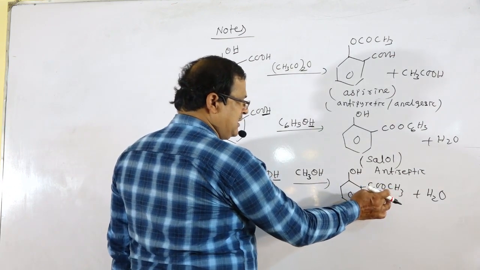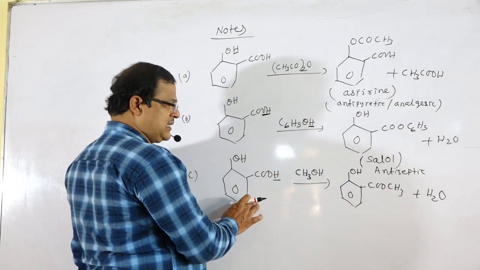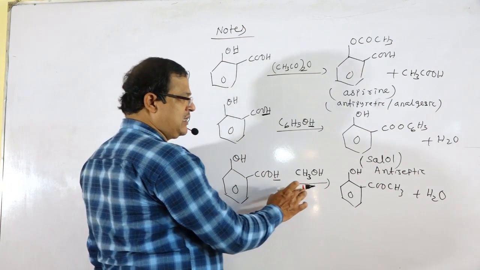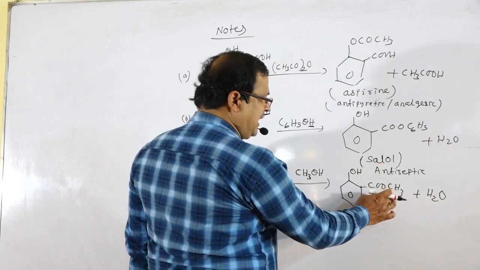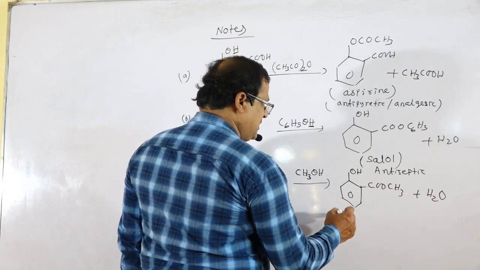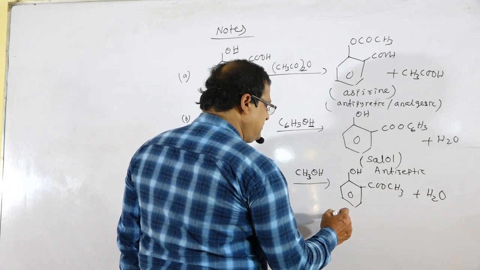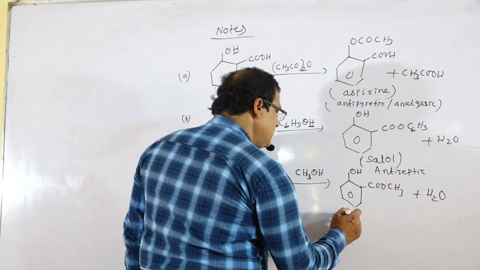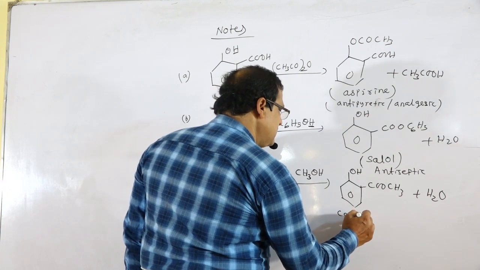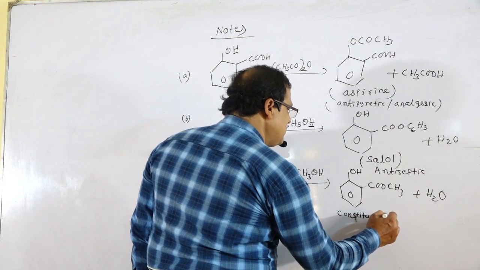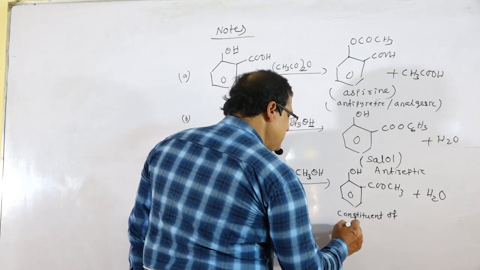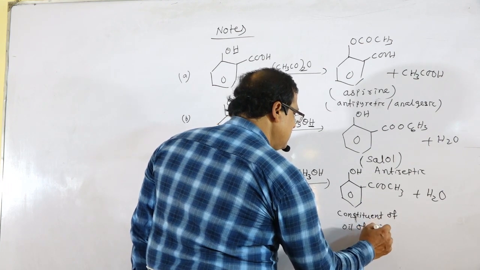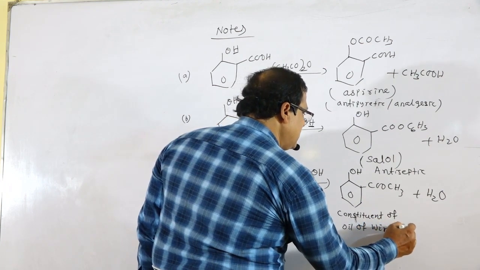Therefore, that is known as ortho-hydroxybenzoic acid, salicylic acid. Ortho-hydroxybenzoic acid or salicylic acid is treated with methyl alcohol, and there is the formation of methyl salicylate. This is methyl salicylate, a constituent of oil of wintergreen.